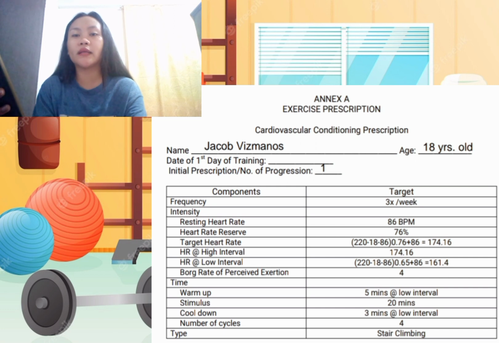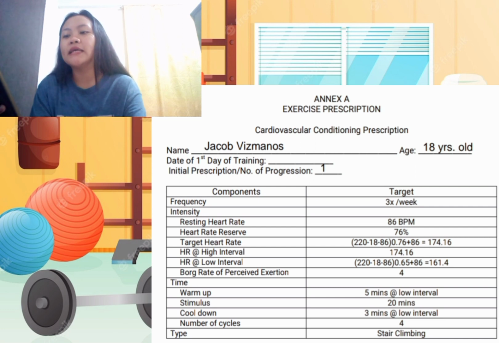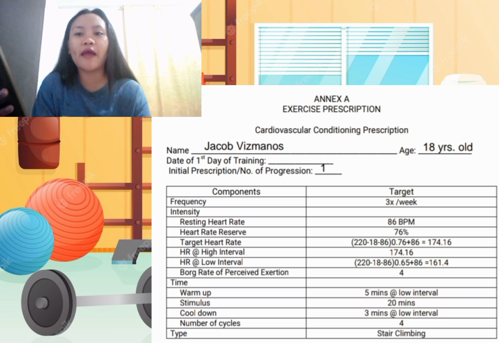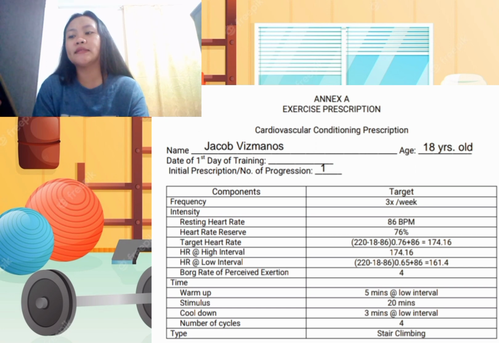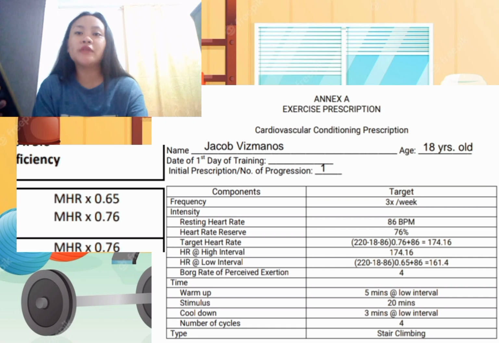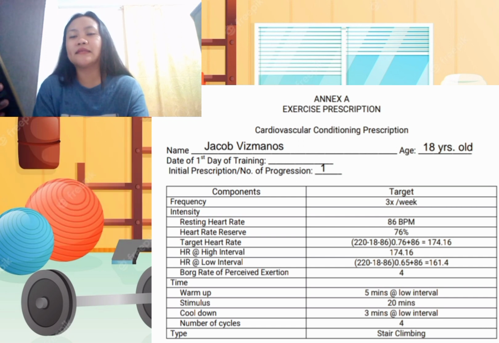Now for the heart rate at low interval, as you can observe, we replace the 0.76 with 0.65, since 0.65 is the minimum percent under the moderate, or the lowest, plus the 86.